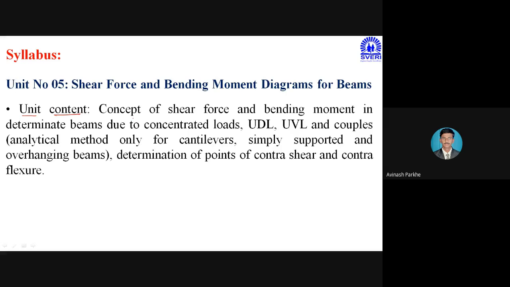But before the calculation of SFD and BMD, initially we will discuss some theoretical parts, in the sense the different types of beams, different types of supports, and different types of loads. After this, we discuss the sign conventions. Once the sign conventions are understood properly, then we'll go to the actual calculation of SF and BM.